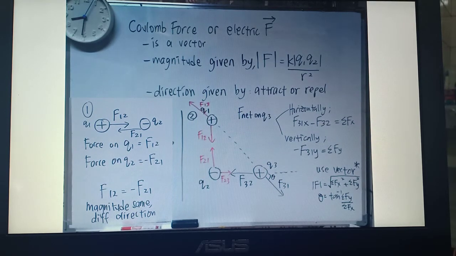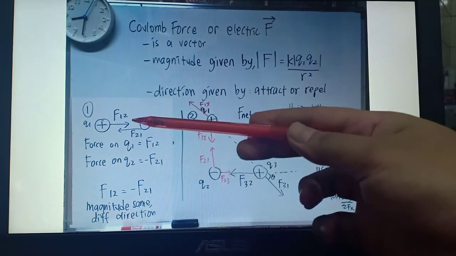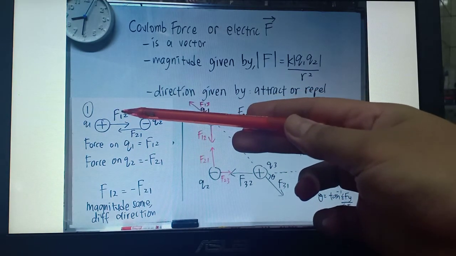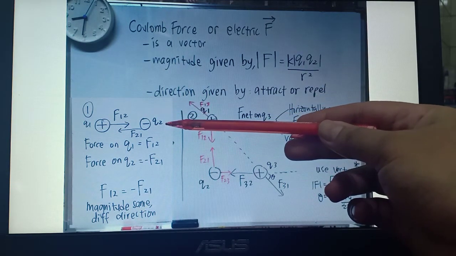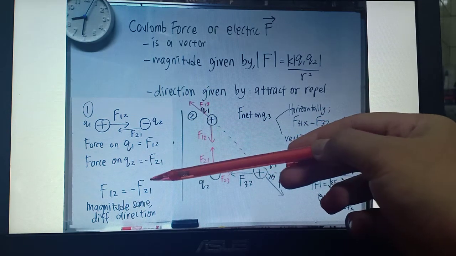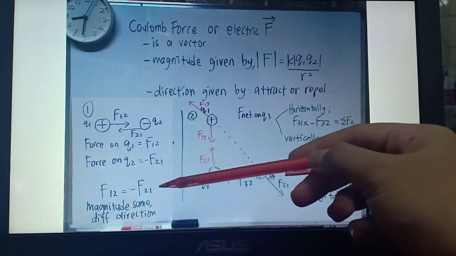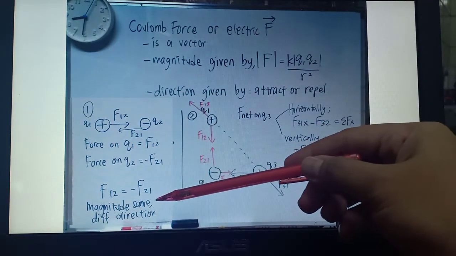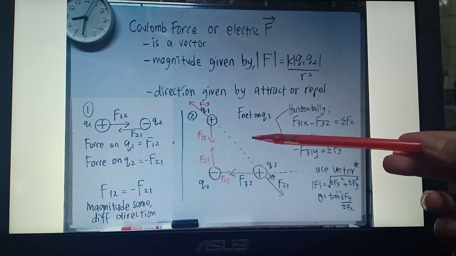If it asks for the force on Q1, that is F12, which is positive, because F12 means the force on charge 1 because of charge 2. The force on charge 2 is F21, but it is negative, because it is moving in the negative direction. In other words, Coulomb's law gives you the same magnitude but in a different direction.